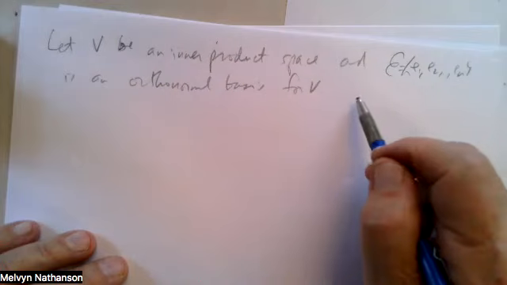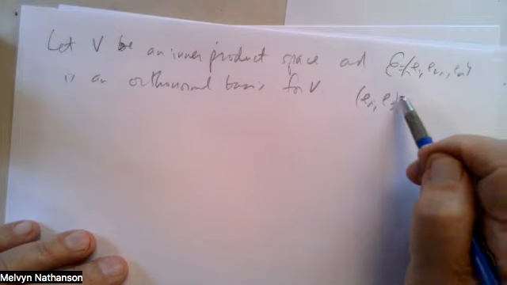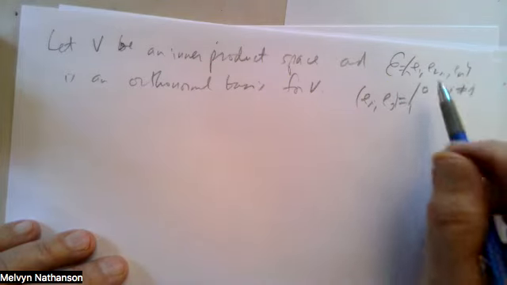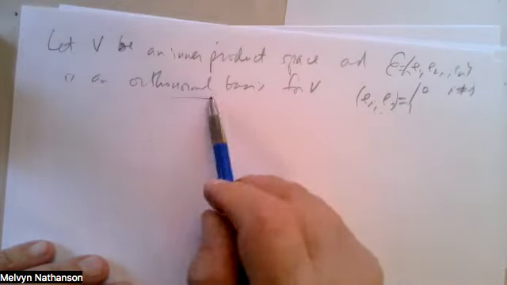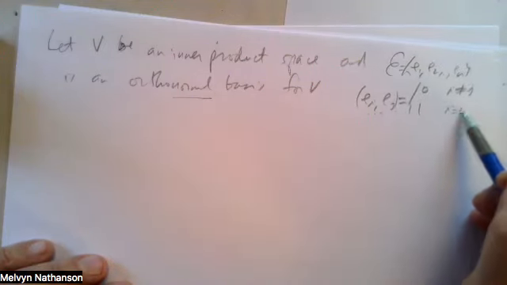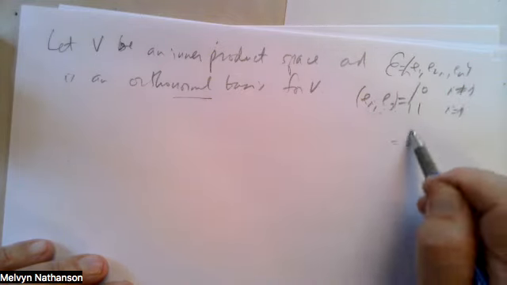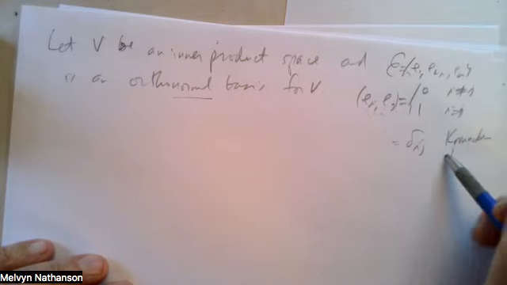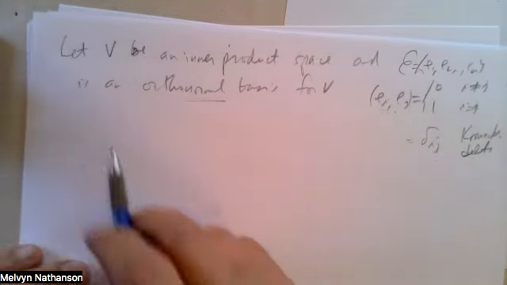It means that the inner product of ei and ej is 0 if i is different from j. And if i equals j, that's just the length of this vector, and since the vectors are orthonormal, these are unit vectors. Every vector has length 1. So another way of saying this is the inner product of ei and ej is the Kronecker delta. It's 1 when i equals j and 0 otherwise.